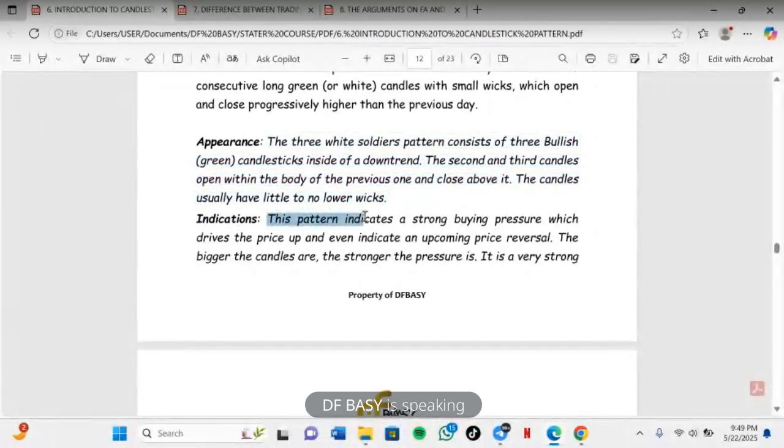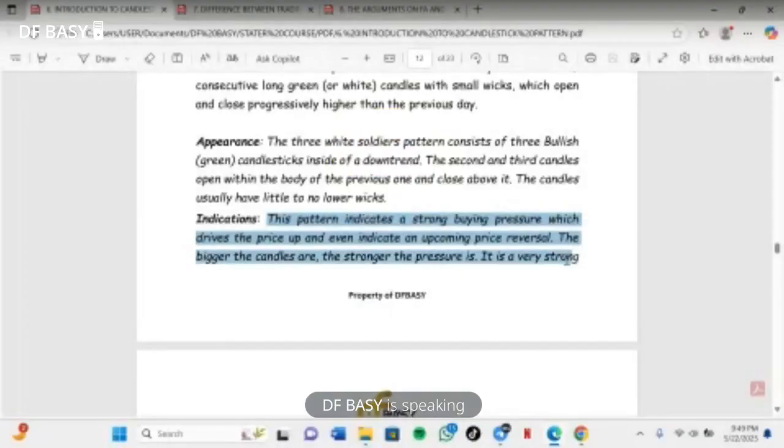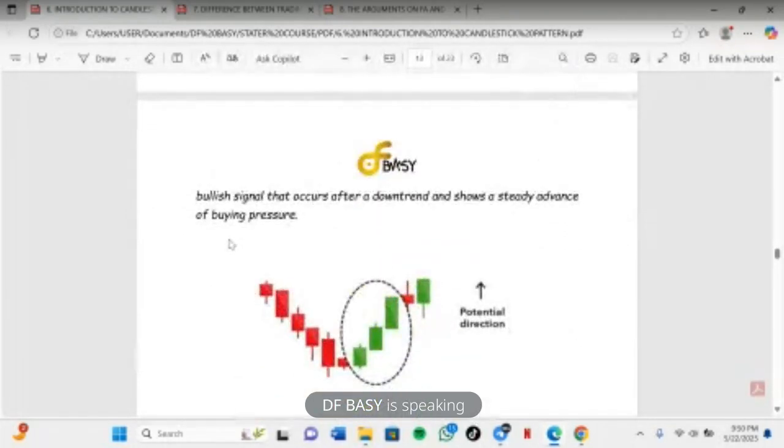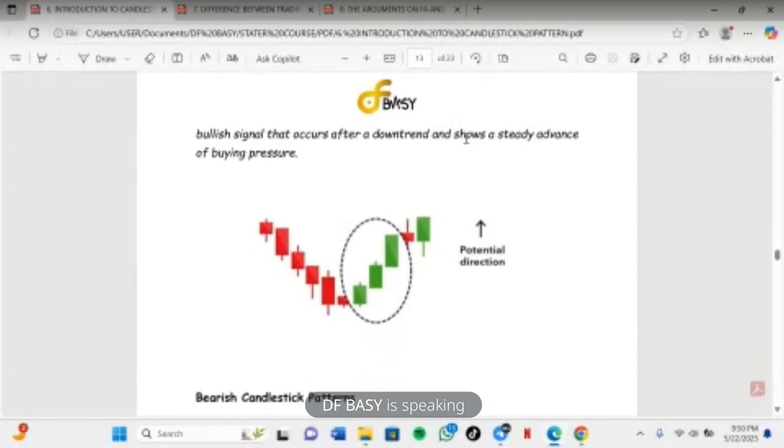This pattern indicates strong buying pressure which drives the price up and even indicates an upcoming price reversal. The bigger the candles are, the stronger the pressure is. It's a very strong bullish signal that occurs after a downtrend and shows steady advance of buying pressure.